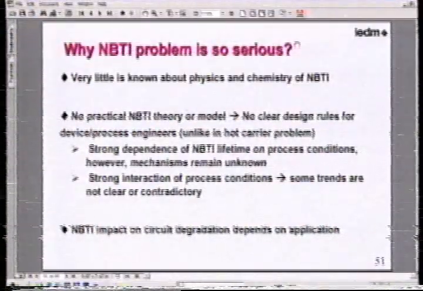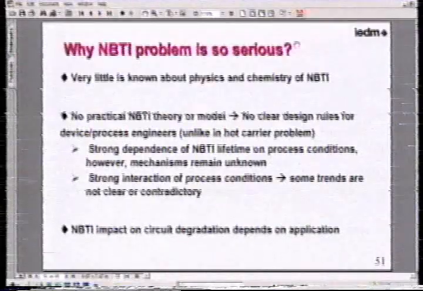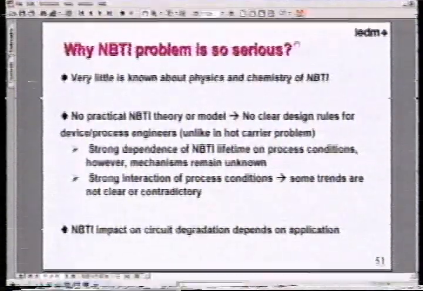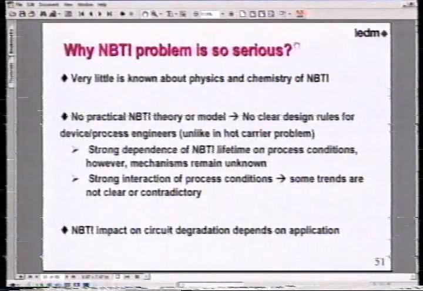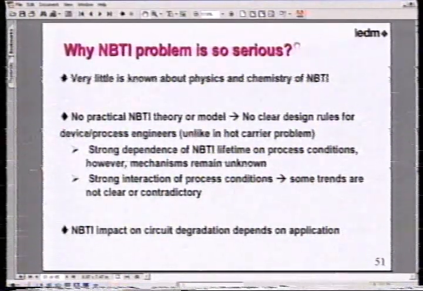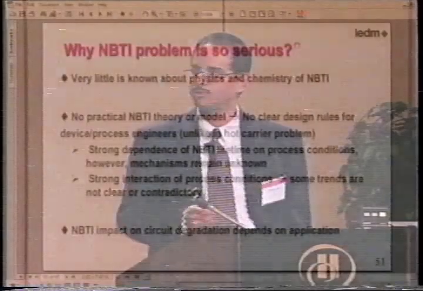There's very little known about the physics and chemistry of NBTI, and by that I don't mean there is very little known really. What I really mean is that there's very little agreed upon on the physics and chemistry. There have been papers on it, some aspects of it are known, but we are finding out more and more that it is not really clearly understood. There's no practical NBTI model that we have found that can be used physically to predict, like we are predicting parametrics or systematics. And therefore, there are no clear design rules.